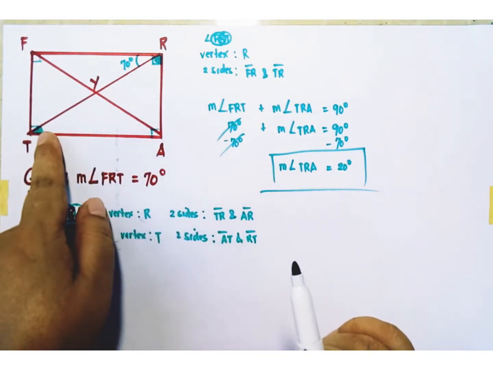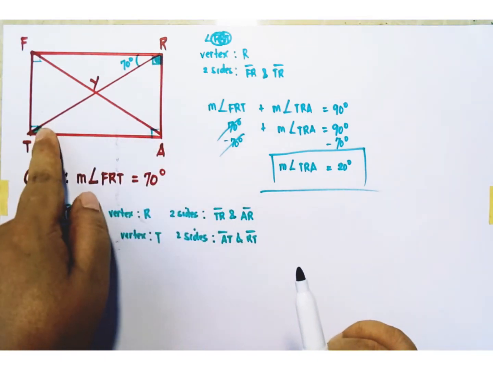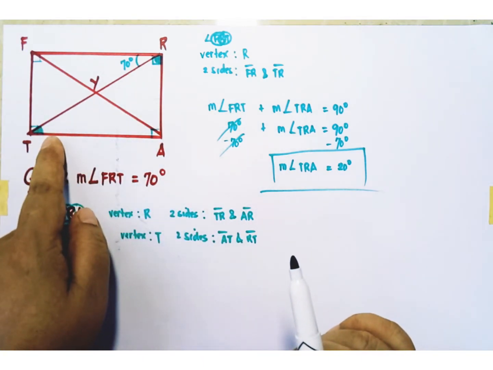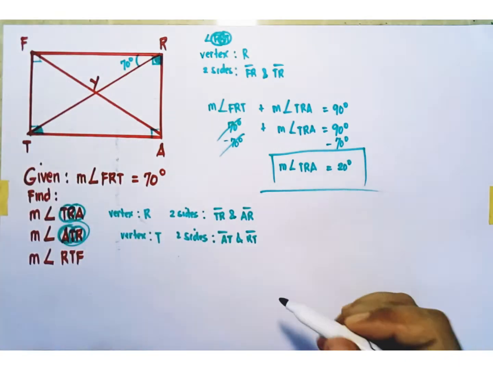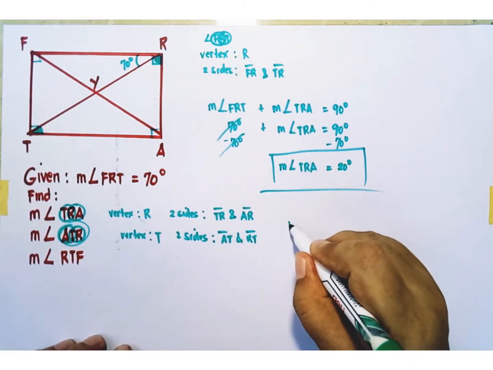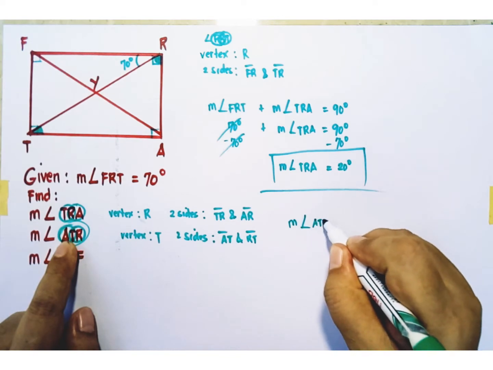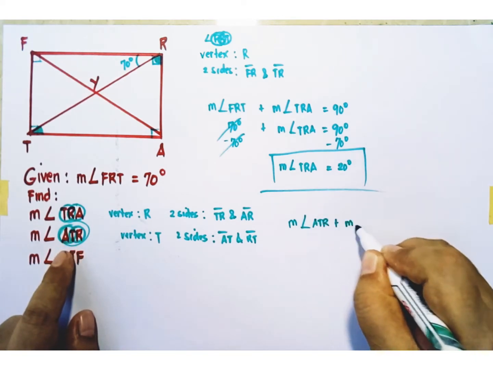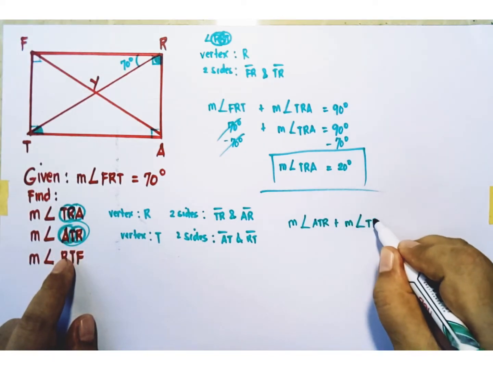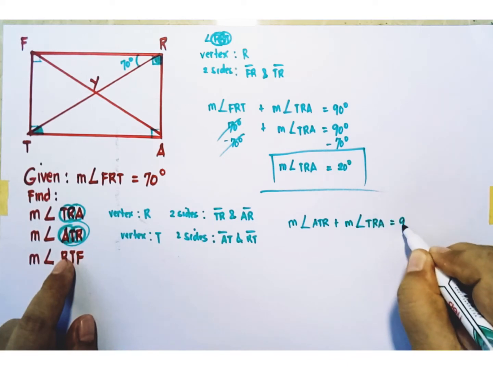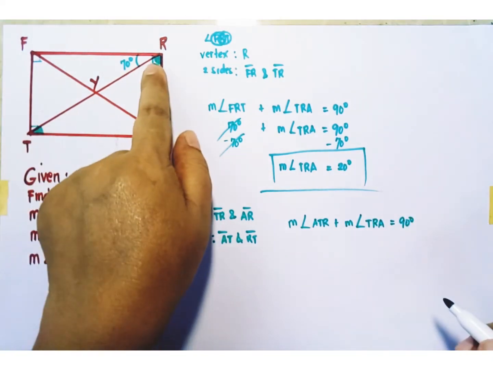So if we add up the measures of these two acute angles, the result is 90 degrees. So our equation is measure of angle ATR plus measure of angle TRA is equal to 90 degrees.